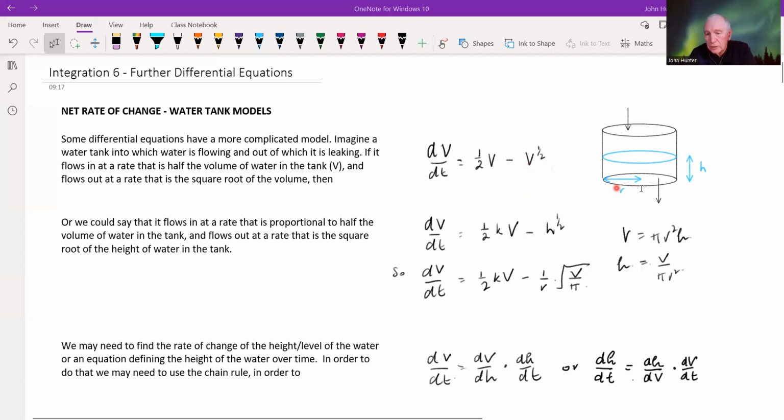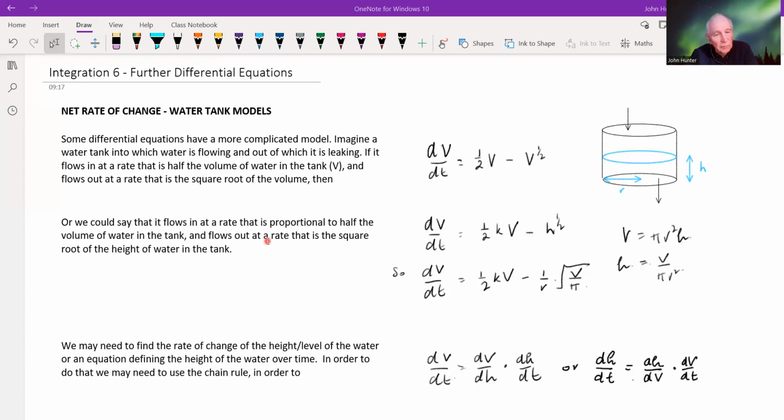So here we go. There's your water tank. There's the height of the water, the radius of the tank, stuff's coming in, going out. And in this situation, we know what the rates going in and out are in terms of V. So we can define that. Now, if we look at a slight variation, let's say it flows in at a rate that is proportional to half the volume of water in the tank and flows out at a rate that is the square root of the height of the water in the tank.